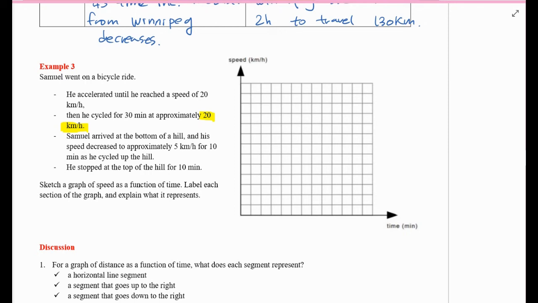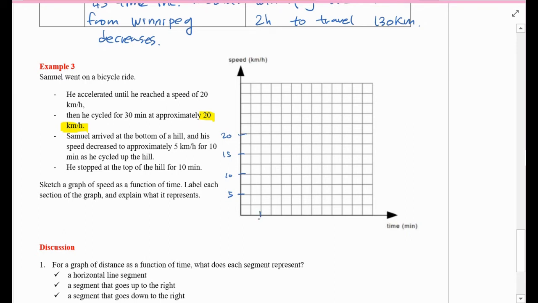So what I'm going to do is I'm going to let 1 unit be 2.5, then 2 units becomes 5 km per hour, 10, 15, 20. Because the maximum speed is 20 kilometers, so this is good enough.